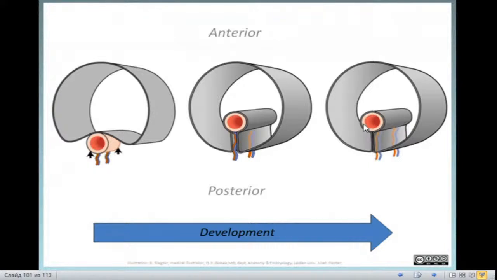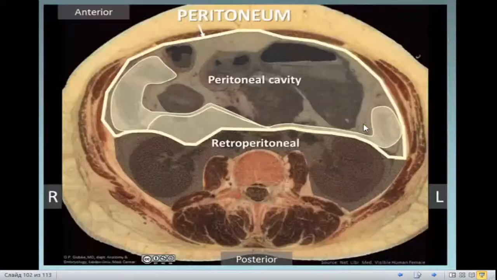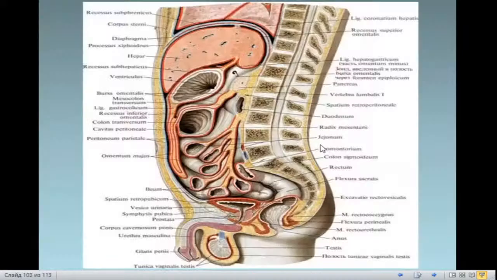When the organ is covered from all sides, we call it intraperitoneal coverage. From two or three sides, mesoperitoneal coverage. From one side, extraperitoneal coverage. But some organs appear behind the peritoneal sac, and we name them retroperitoneal. Examples of retroperitoneal organs are aorta, kidneys, ureter, thoracic duct.